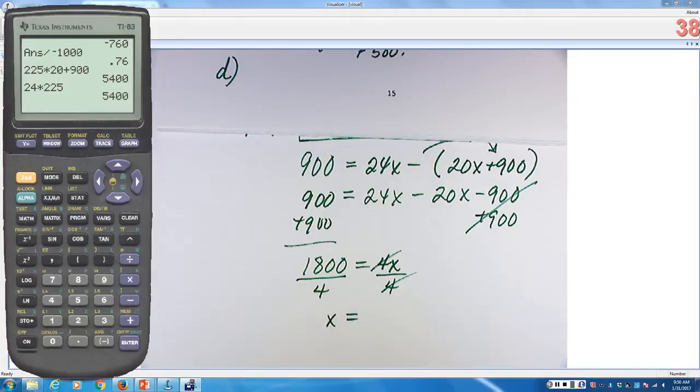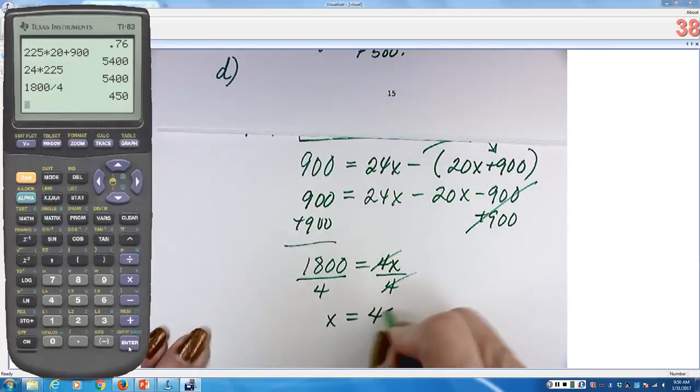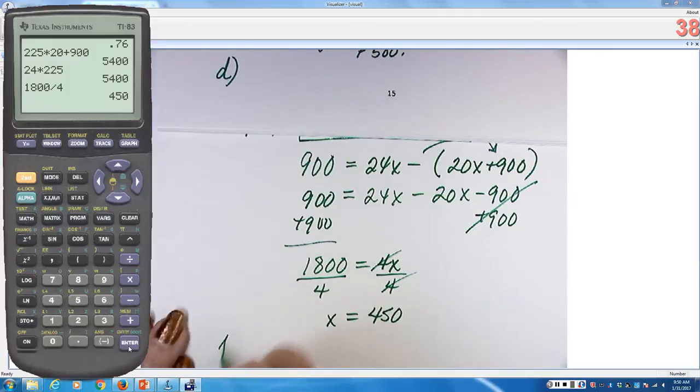And I'll just be lazy and use the calculator here. 450. So they have to make at least 450 units to make that kind of profit.